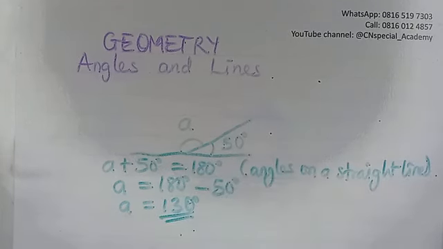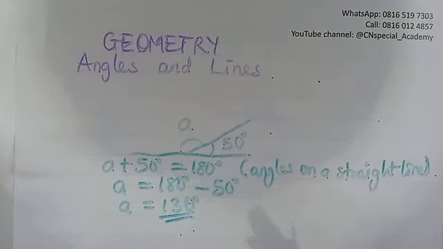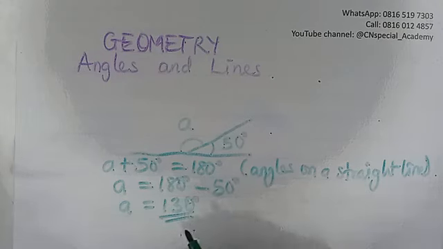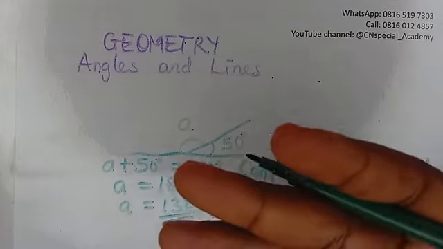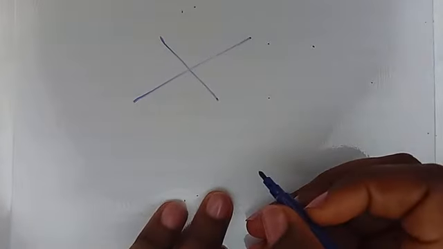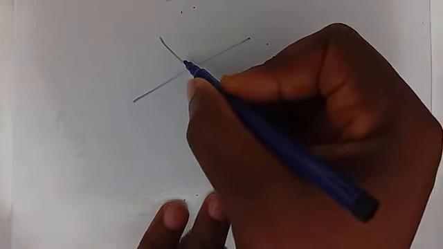So we can see how it's easy to solve. And I like writing the reasons for doing the calculations you do, because it will come in handy when we see further theorems under geometry. Now let's consider two lines since we've seen one line. When two straight lines intersect each other, we say that vertically opposite angles are equal.